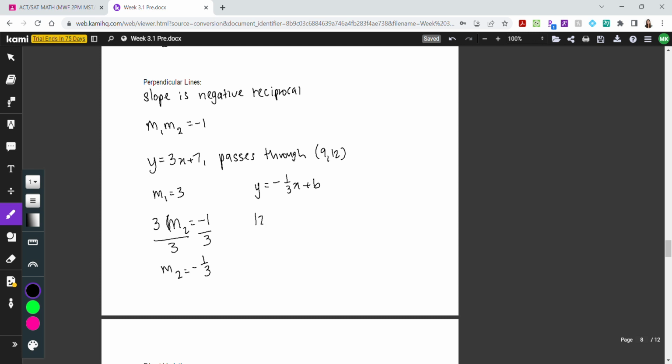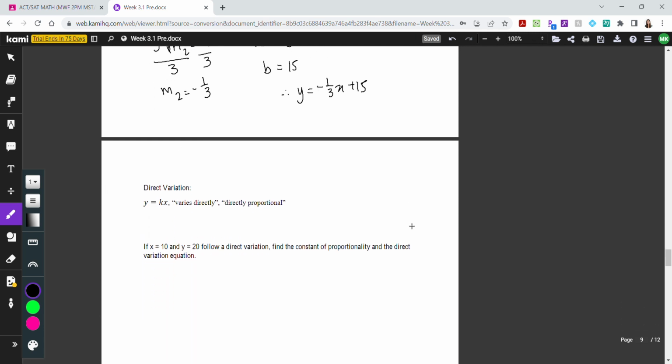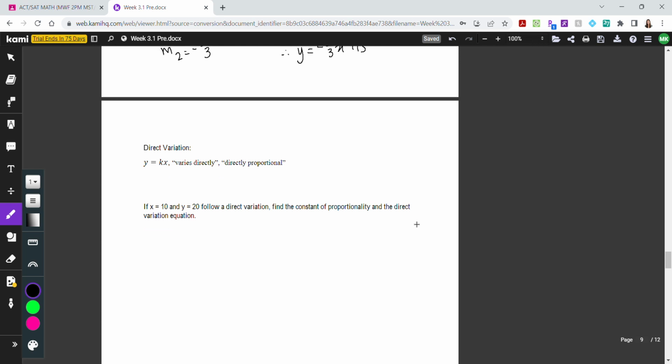So 12 equals negative 1 over 3 times 9 plus b. b is going to equal 15. Therefore, our equation of the perpendicular line is y equals negative 1 over 3 x plus 15. All right. If you have any questions about this, bring it to your deep dive lesson.